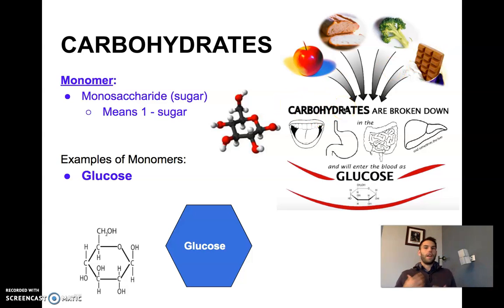Even though those are all different and at different levels of healthiness, when they are broken down by your mouth, your stomach, absorbed in your intestines, right, they end up all as the same thing in your bloodstream as glucose. So the glucose that's going through your blood right now, your blood sugar, right, all came from the carbohydrates that you ate earlier today.